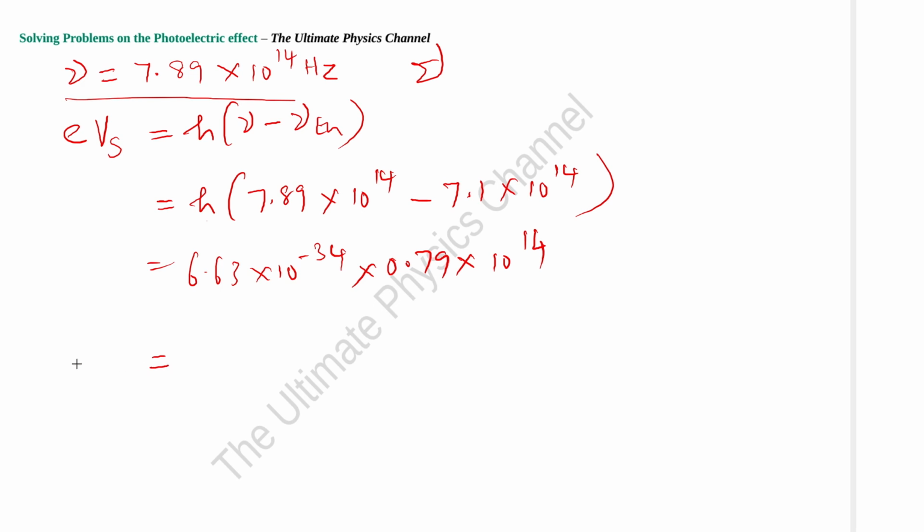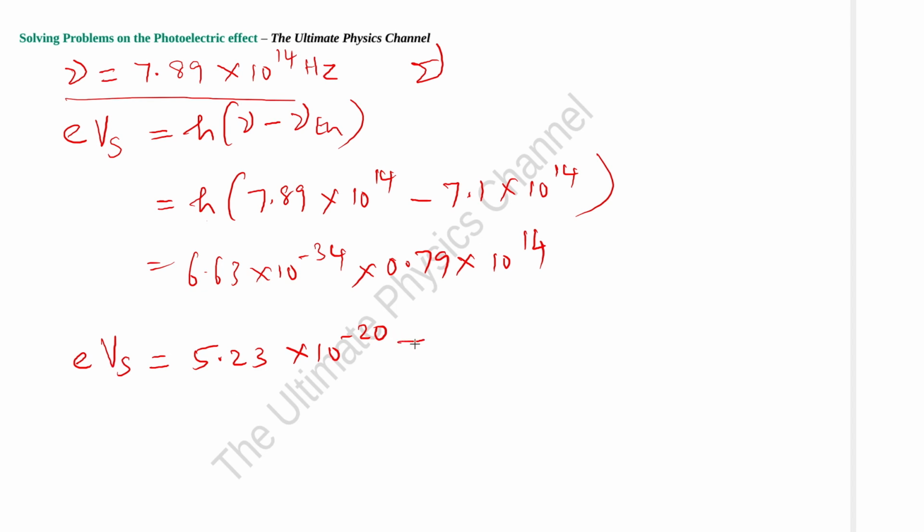So the final value for this, eVS, let's say, is equal to 5.23 times 10 power minus 20.